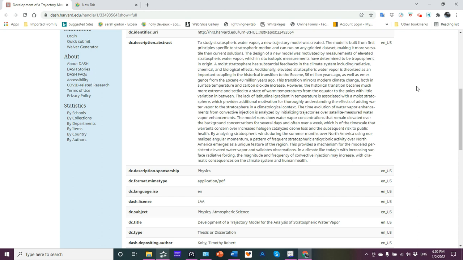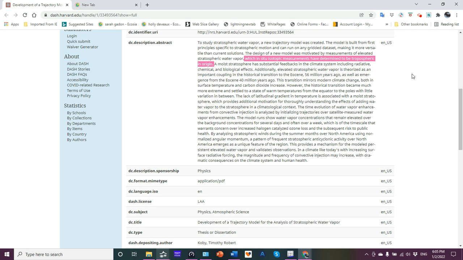The design of the new model was motivated by measurements of elevated stratospheric water vapor. Right there, that's important. Elevated stratospheric water vapor, which in situ isotopic measurements have determined to be tropospheric in origin.